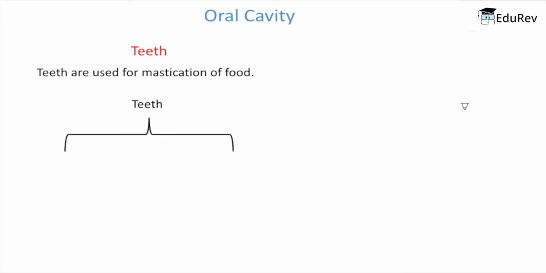Now let us learn about the types of teeth. As we know, teeth are used for mastication of food, also known as grinding of food, and teeth are temporary in case of a child and permanent in case of adults. The temporary teeth in a child are 20 in number, and in adults they are 32 in number. Let us now see what their types are.